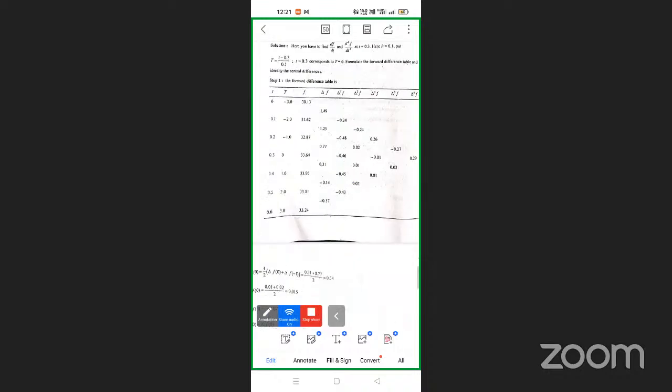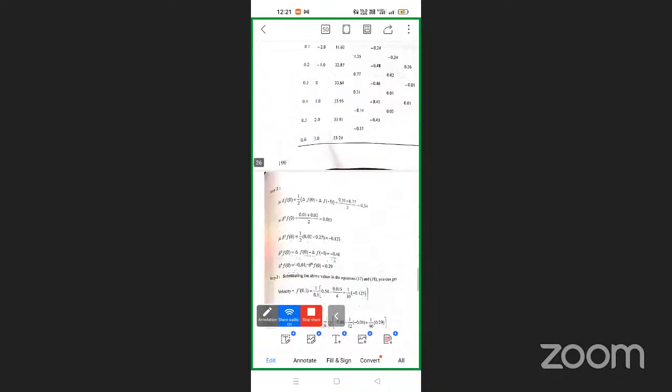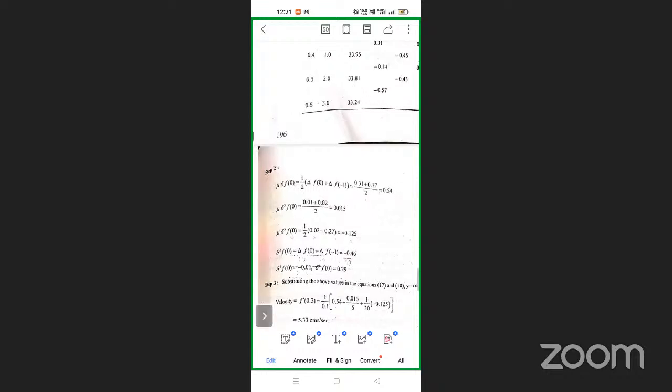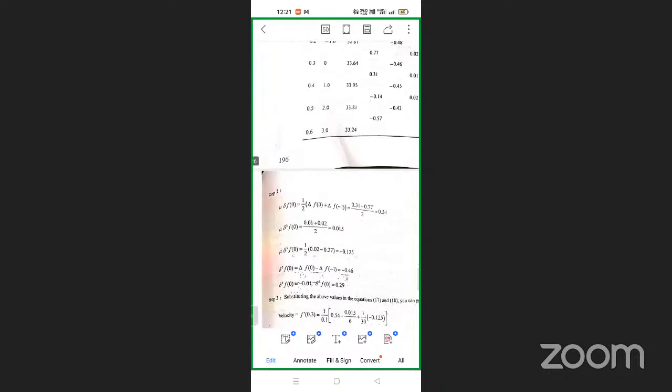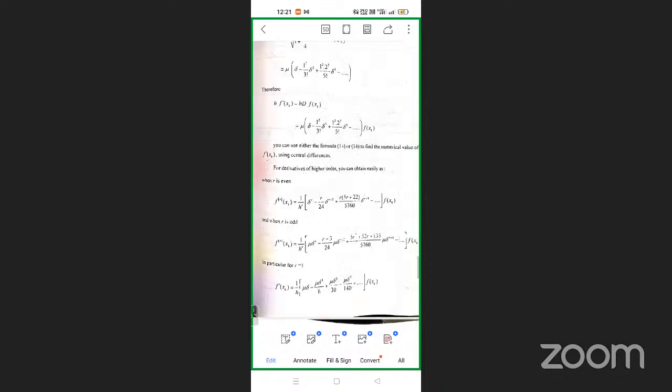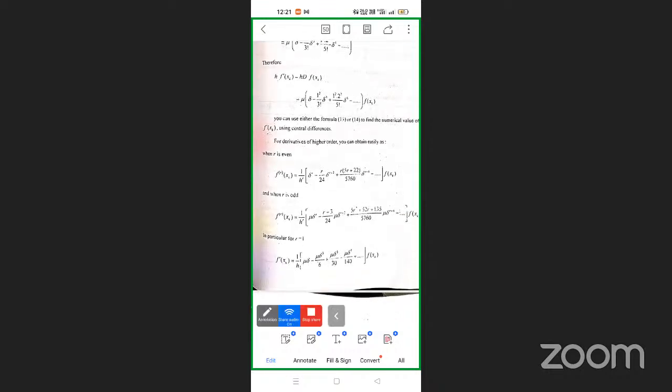Next, the first derivative formula. f'(x) = (1/h)[μδ − μδ³/6 + μδ⁵/30], up to here only.